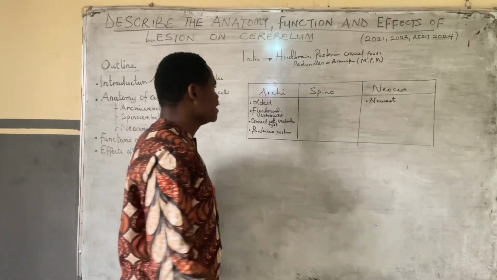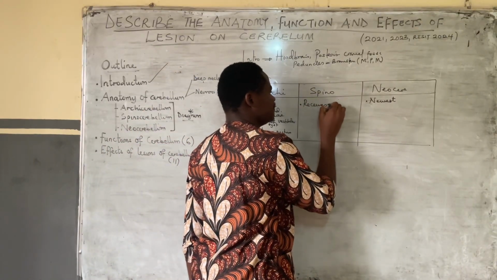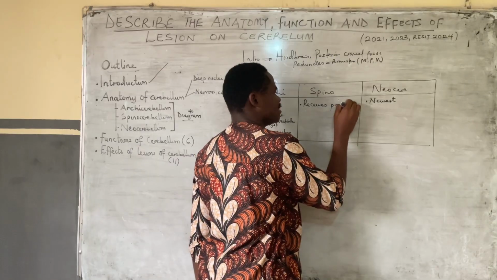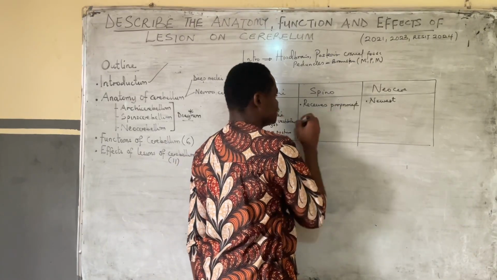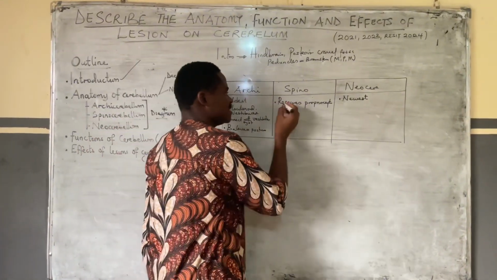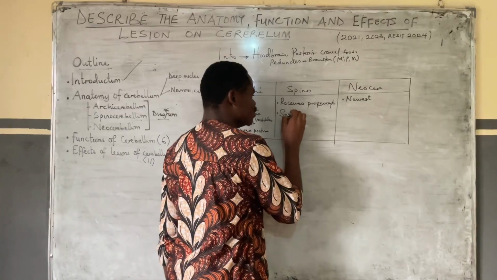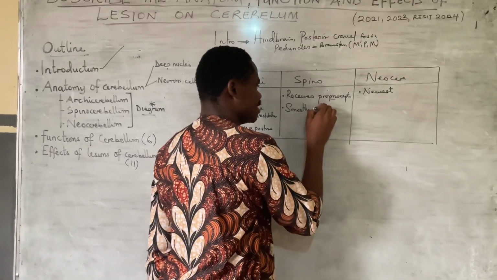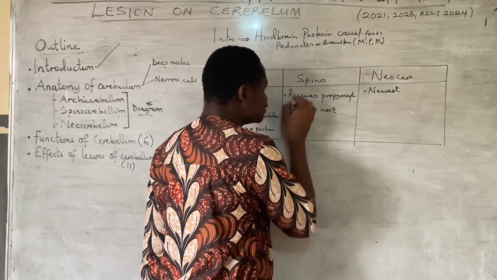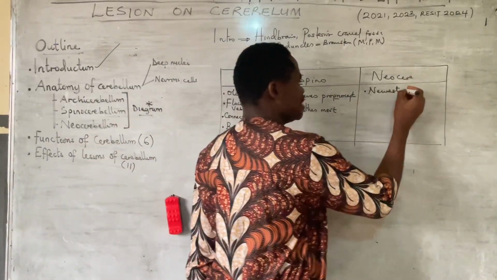Now, on the other hand, the spinal part receives proprioception. What's proprioception? That sense of position. It receives proprioception, number 1. It also helps with smoothing movement, S for S. And then the neocerebellum is the newest part.